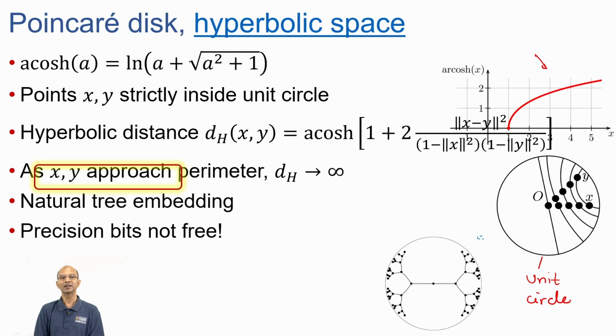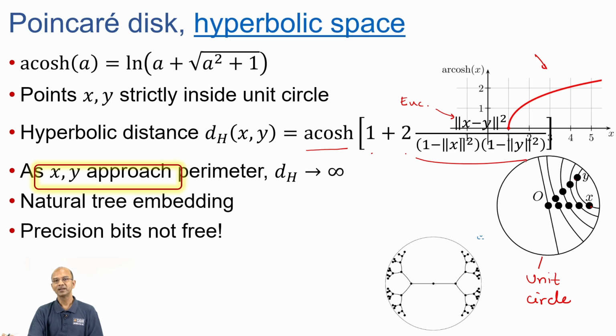And in there, the hyperbolic distance between x and y will be defined as the hyperbolic arc cosine of 1 plus twice a term that looks like the Euclidean distance, but it is normalized with two terms: 1 minus the square of the norm of x, times 1 minus the square of the norm of y.